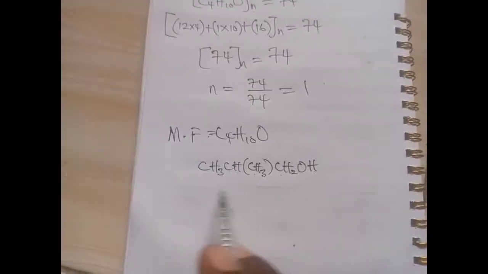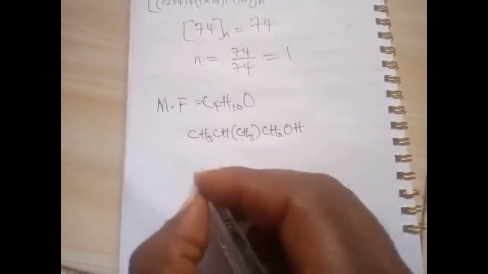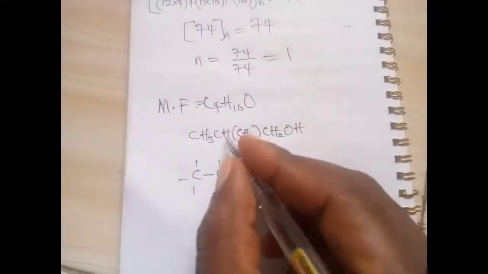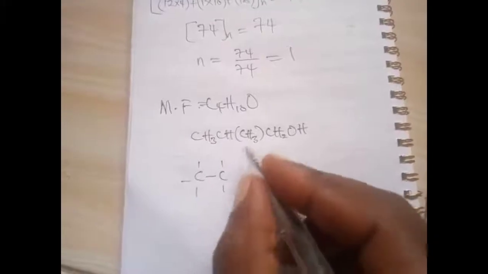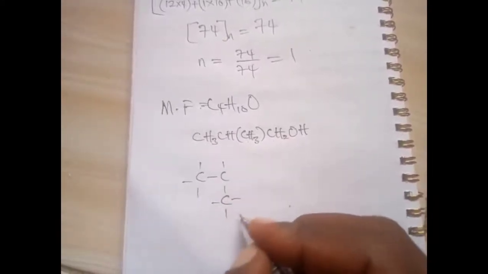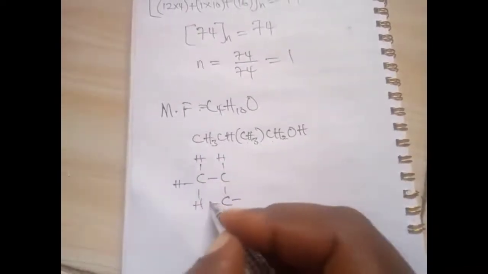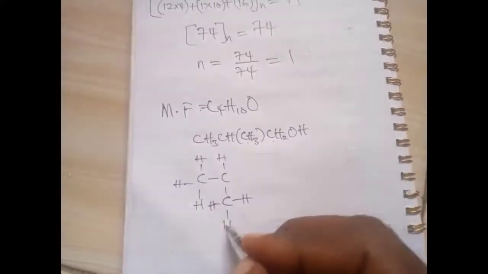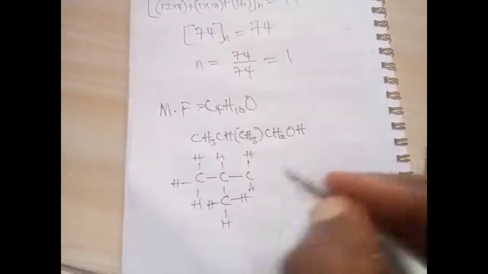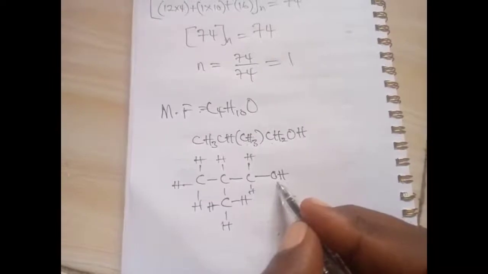Oxygen is O. The first C has 3 H, the second one has 1, and the branch also has 3, then we have another C that has 2 H. It is this C that carries the functional group alcohol.